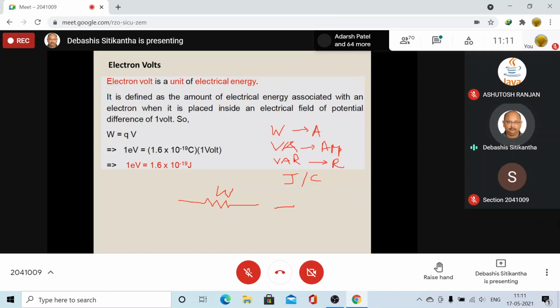Whereas the power that is consumed by a pure inductor or a pure capacitor is known as reactive power, which has the unit VAR. Similarly, if I have a circuit with a resistance in series or in parallel across an inductor or a capacitor, the total power consumed is known as apparent power. We'll study all this in detail afterwards.